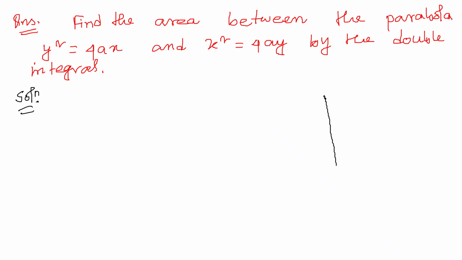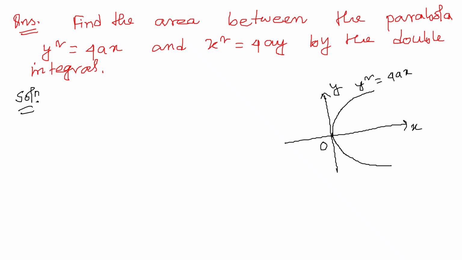The question is given in the Cartesian form. So that means our coordinates are x and y, where this point is the origin O. One parabola is given, y square is equal to 4ax. This is the well-known form of the parabola, so it will look like this.